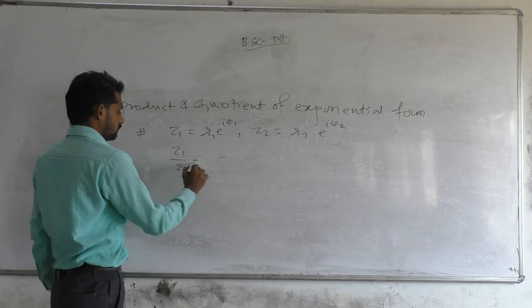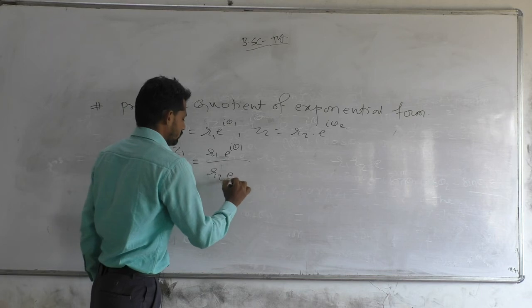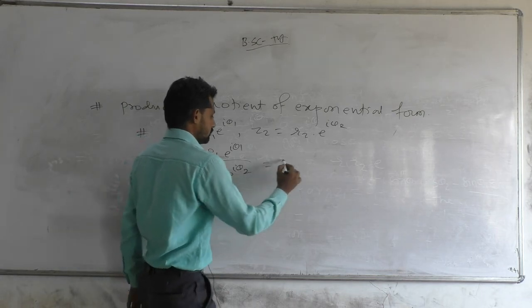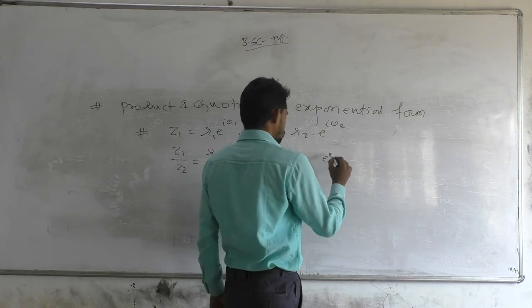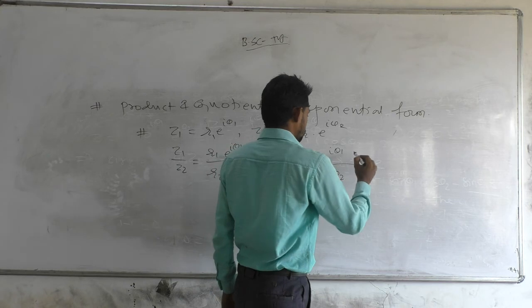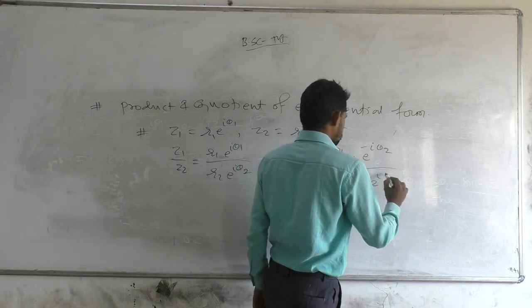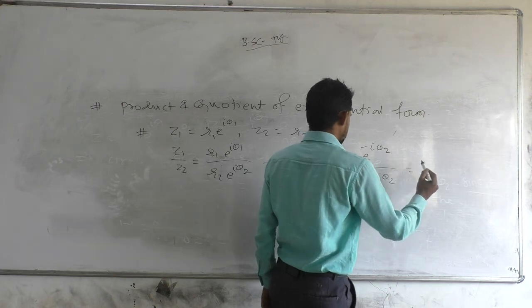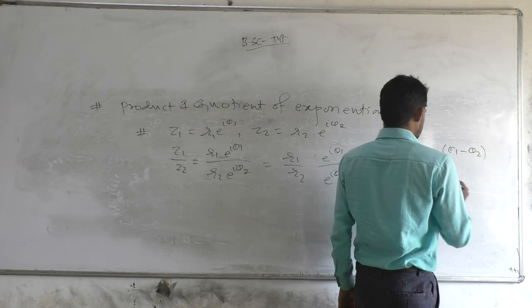z1 divided by z2 is equal to r1 e raised to i theta 1 divided by r2 e raised to i theta 2. It is equal to r1 divided by r2 into e raised to i theta 1 divided by e raised to i theta 2, which can be written as e raised to i theta 1 minus theta 2.